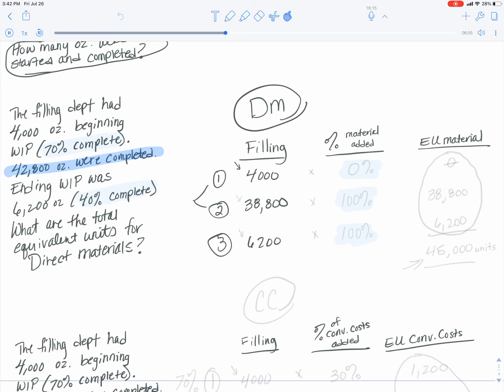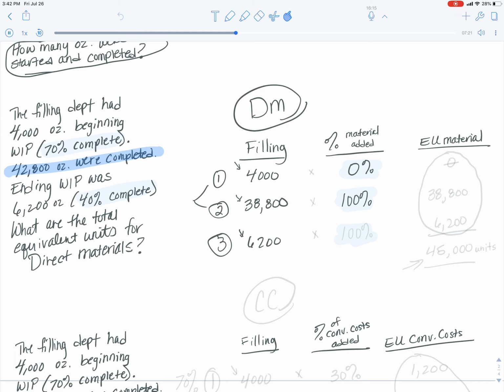So this month, we don't need to add any more materials. Now for those units that were started and completed this period, since we started them this period, we need to add the direct materials this period.